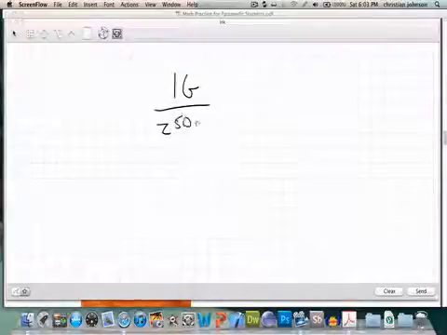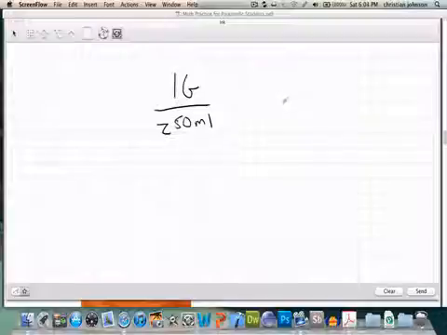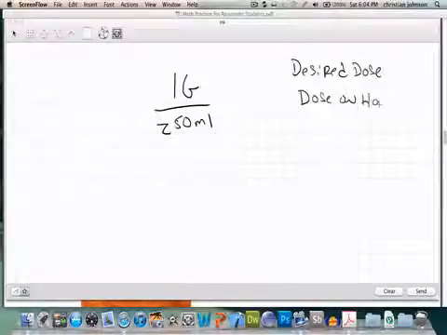So I'm going to erase that. And I'm going to get my 1 gram in 250 milliliters. Another important concept to get down is, I'm going to write desired dose again. Desired dose and dose on hand.